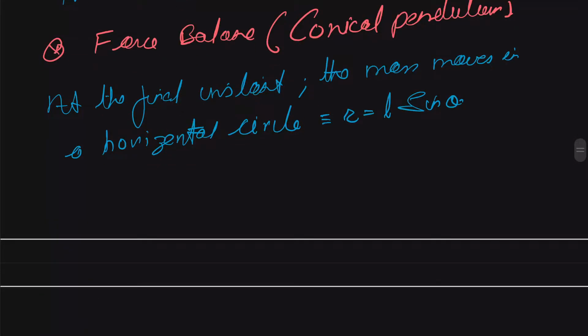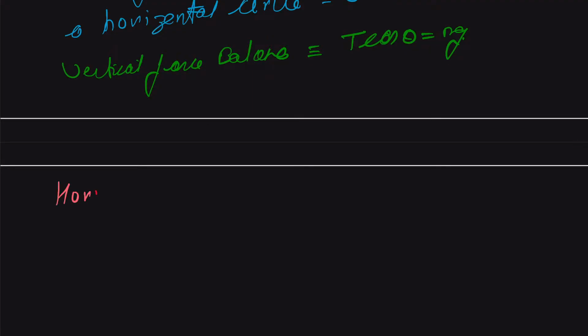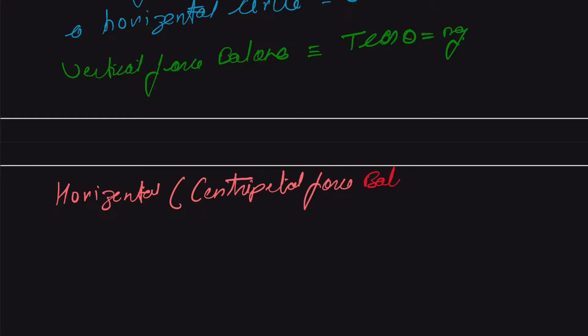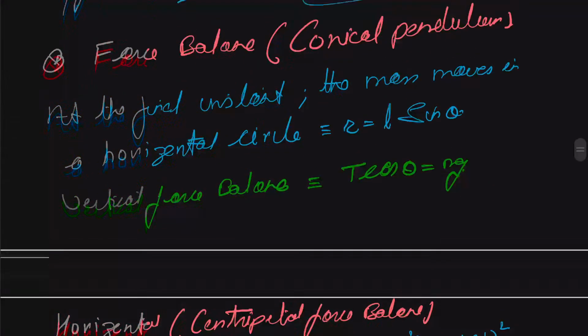So in the vertical force balance, we can write T cos theta is equal to mg, and for the horizontal, or centripetal, force balance, T sin theta will be equal to mv square upon r, and our r is L sin theta.